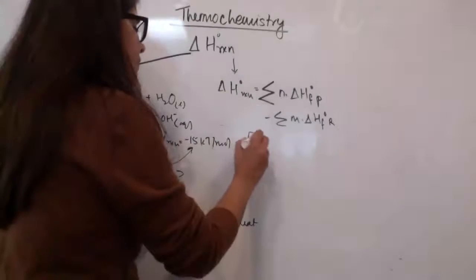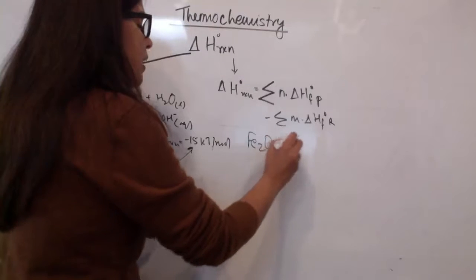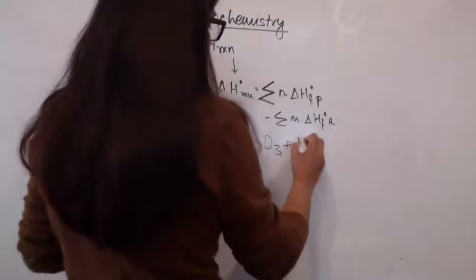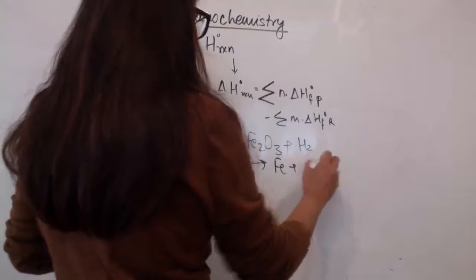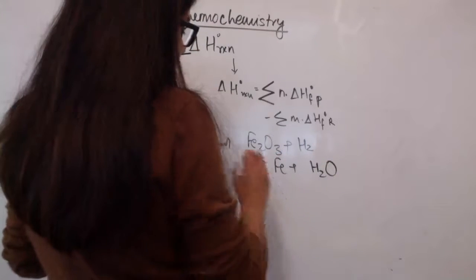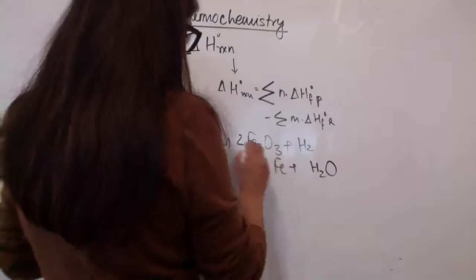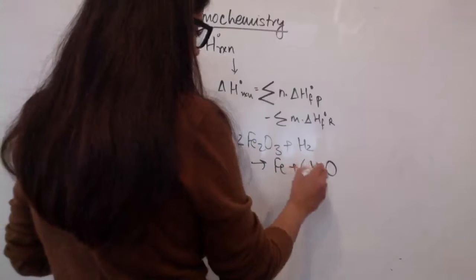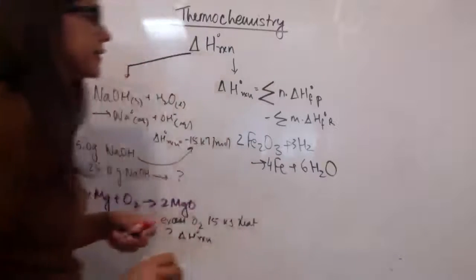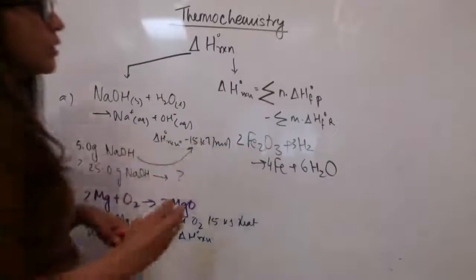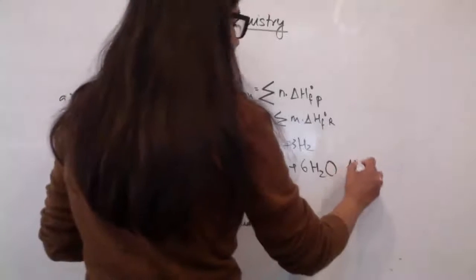So if we have Fe2O3 plus H2 gives you Fe plus H2O. I don't know if it's even feasible. Let's try it. 6, 3, 4. Yeah. Okay.